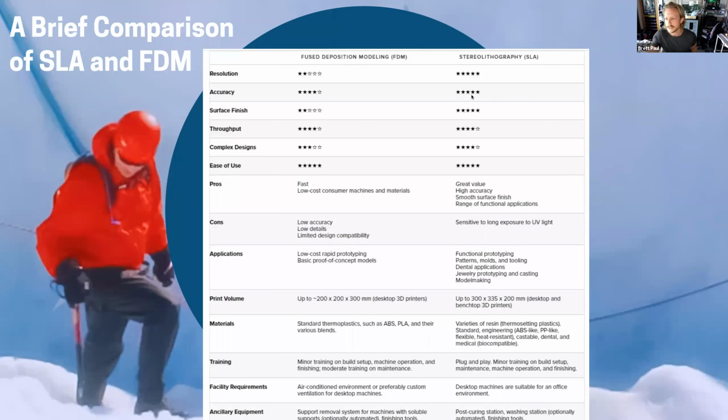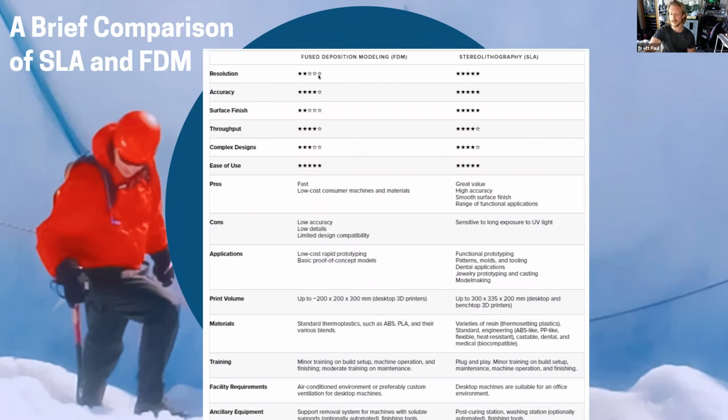And this is because the laser spot size used to cure the resin is much smaller. The laser spot size is anywhere from, I think, 20 to about 50 microns. And galvanometers, the motors that are used to move the mirrors, are a lot finer tuned than the XYZ motors that are used to control FDM.